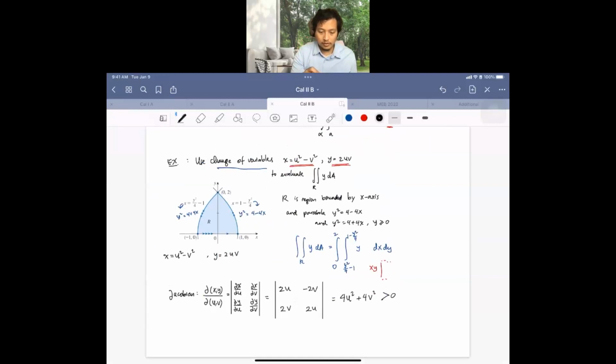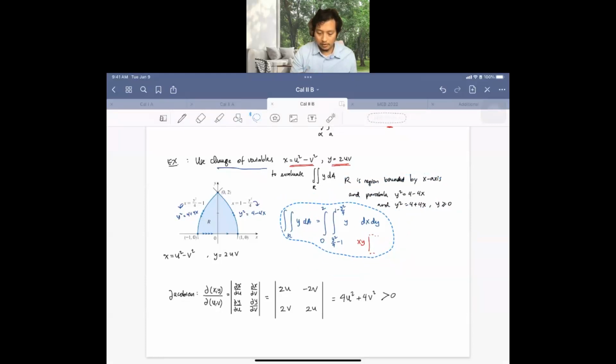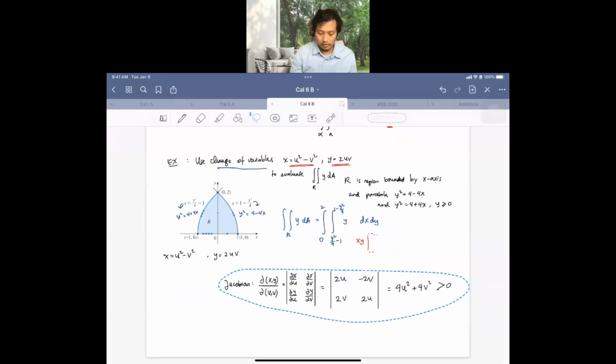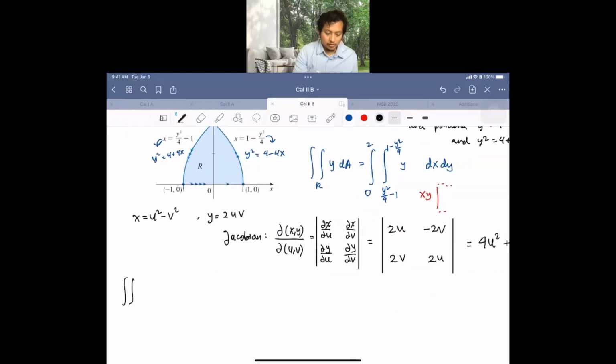And then let me write a little bit, moving a bit upper. And then we could write down the region R, and we can write the transformations and change to S. y is 2uv, right?